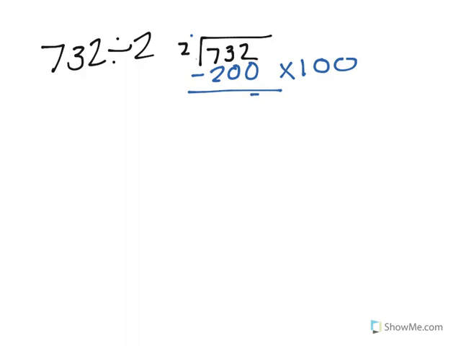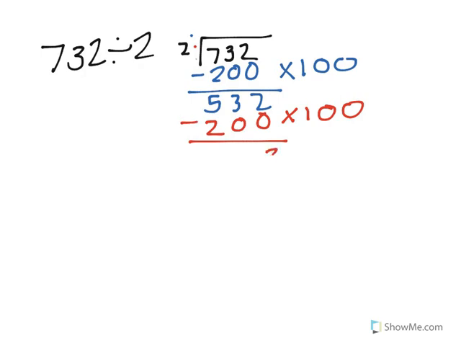That leaves me with 532. Now, I need to multiply 2 times a number to give me something close to 532. I'm going to do 100 again. So I'm going to take away 200, which would give me 332.